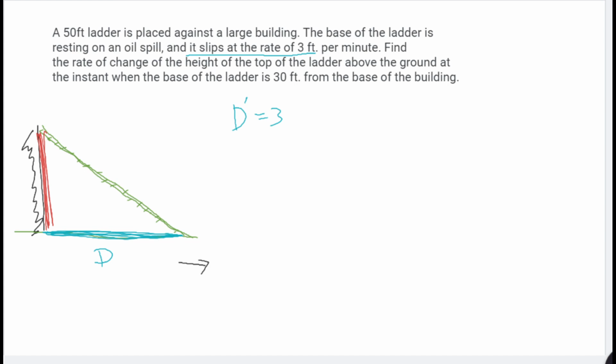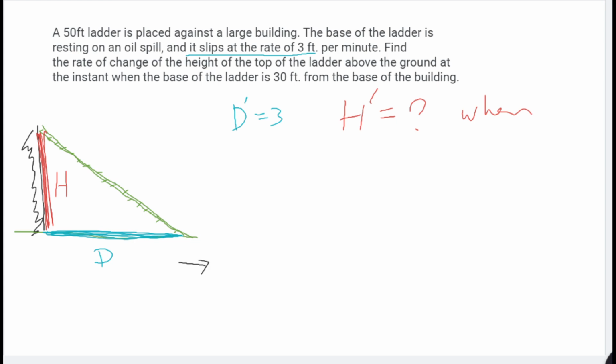So maybe we'll just call this H, the height of the top of the ladder above the ground. So there's H involved. And the question is, find the rate of change of the height of the top. So this is the unknown rate. H prime equal to what?